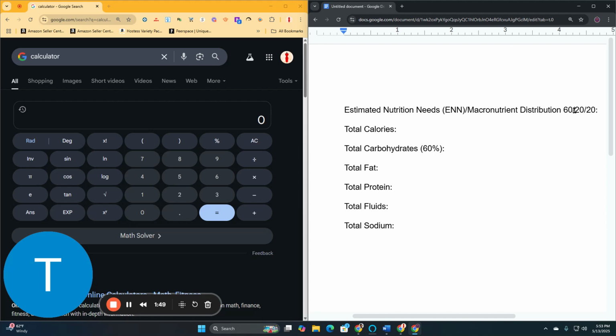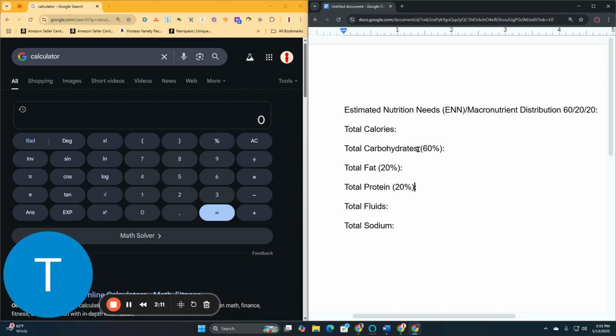Sometimes some dietitians will make the second number protein, or it'll be fat. For me, I make the second number fat. So 60% of calories from carbs, 20% of calories from fat, and 20% of calories from protein. So this is a typical layout.